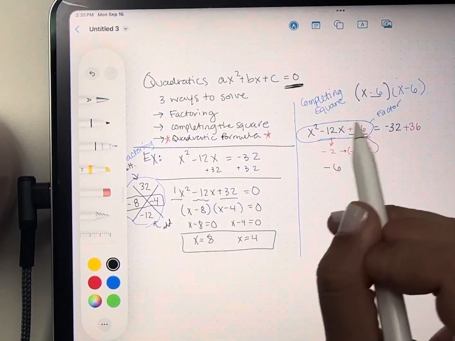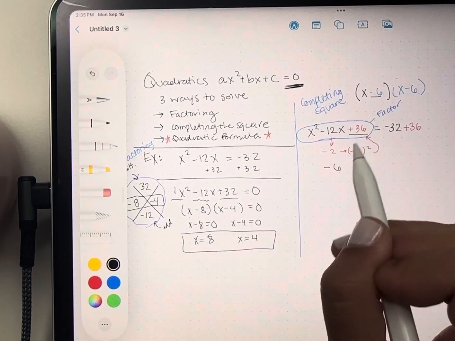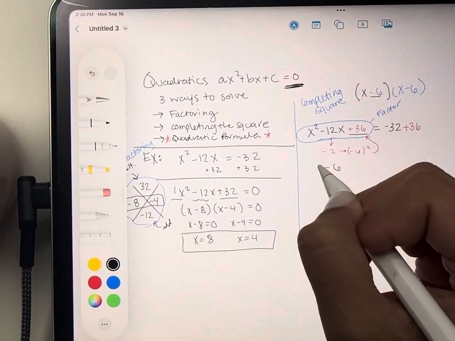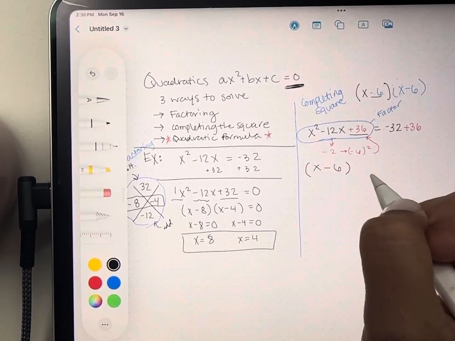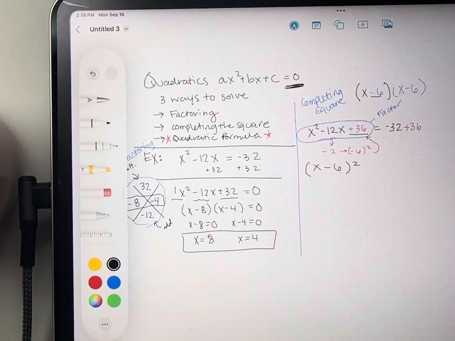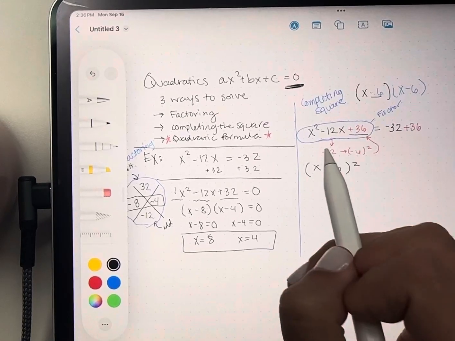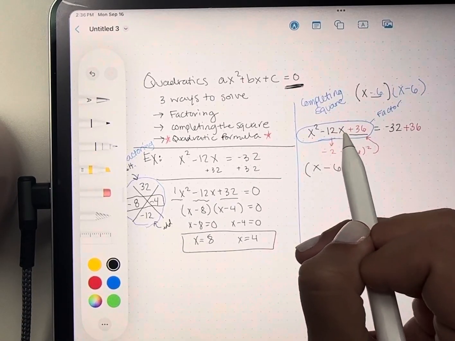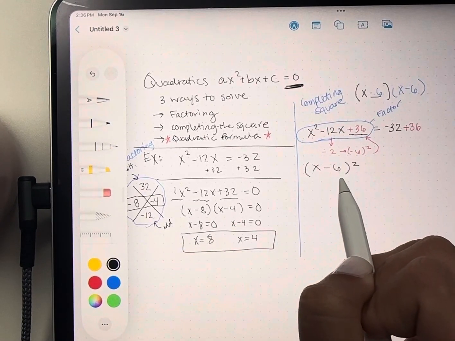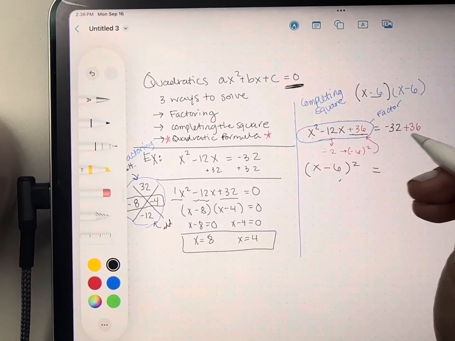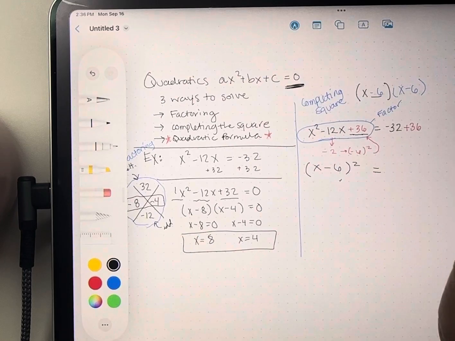That's why we did all this, to strategically make this factor into, and here's why we wrote the minus 6 down on the next step, x minus 6 squared. So now this side right here, x squared minus 12x plus 36, just factors to become x minus 6 squared. And then this other side will become negative 32 plus 36.